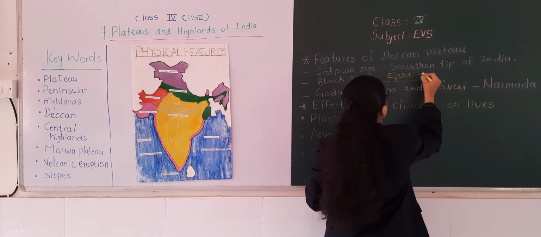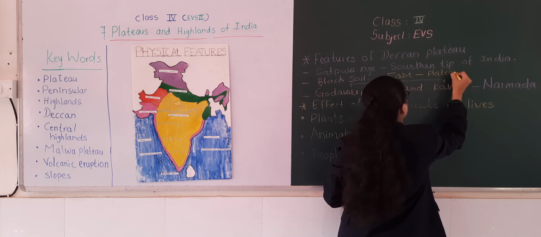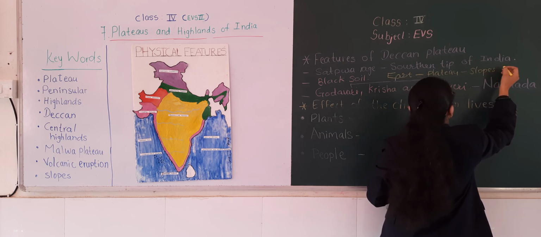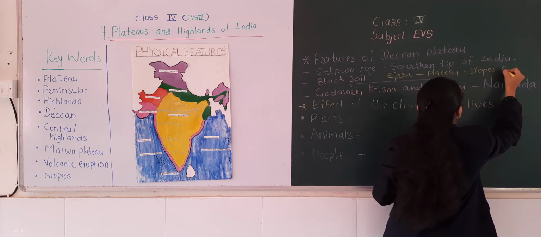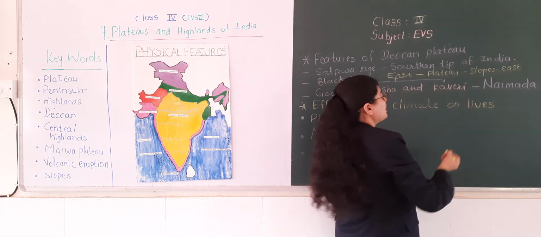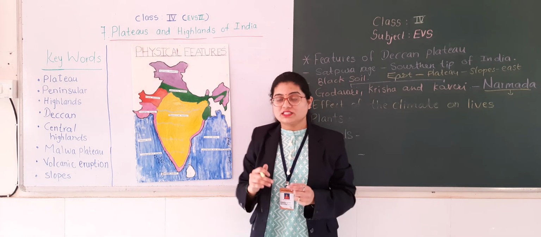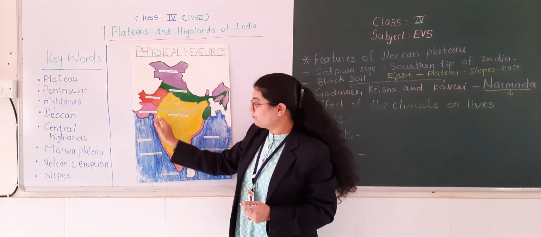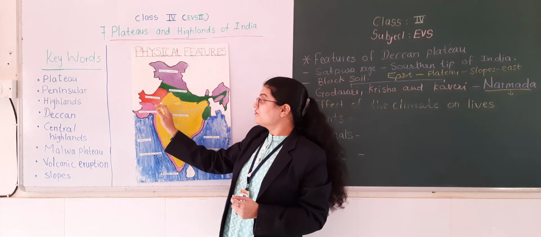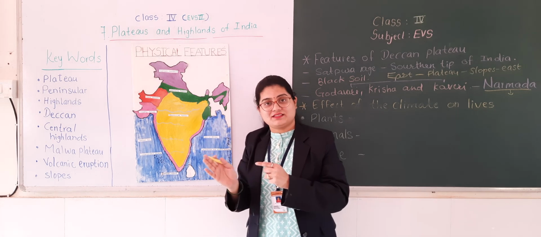Because these plateaus slope towards the east. And the Narmada river flows towards the Arabian Sea, as one part of this plateau slopes toward the west.